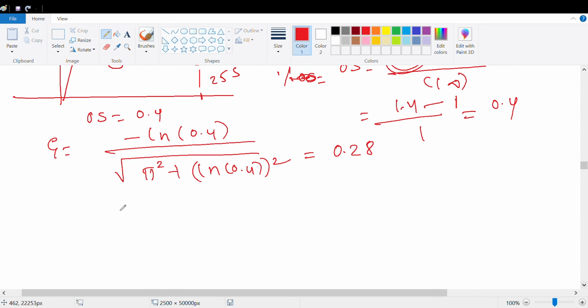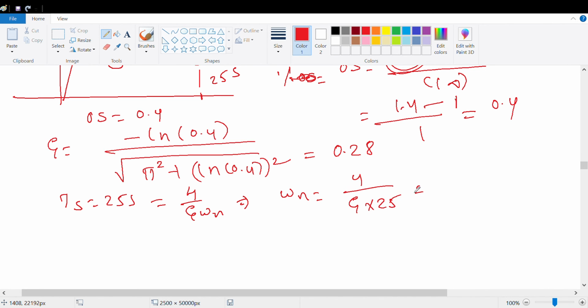So we get zeta, and settling time is 25 seconds, which is equal to 4 by zeta omega n. Therefore omega n is 4 by zeta into 25, and we get 0.57 radians per second. So we got zeta and we got omega n.